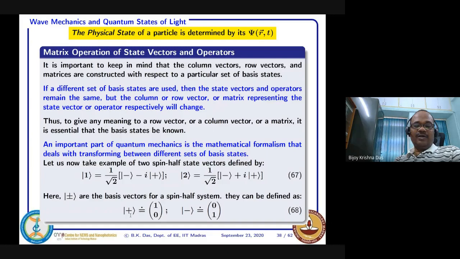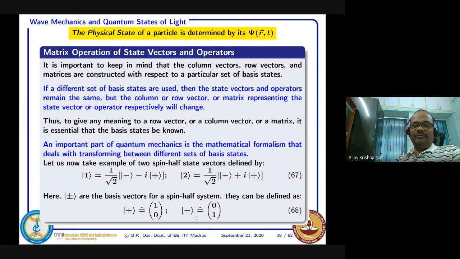Whenever we consider the first basis, that is 1 and 0, and then the second one we can consider as 0 and 1. So it is not like along phi 1, phi 2, phi 3, we are just considering along +1 and along -1. So this is a mathematical abstract way of imagining basis vectors.